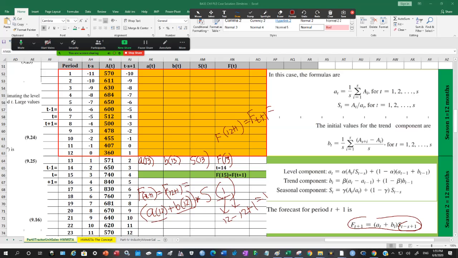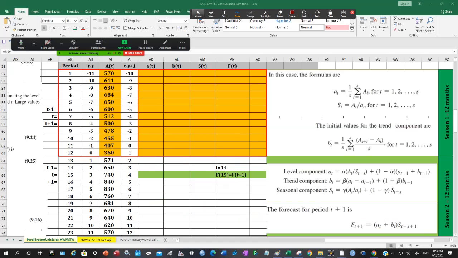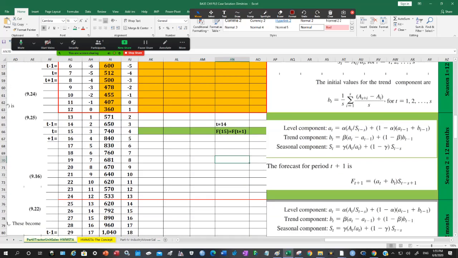And from this point onward, we can find the rest until the end. We can find the A of t, B of t, S of t. So this is the A of t column, lowercase a of t. This is the level component.